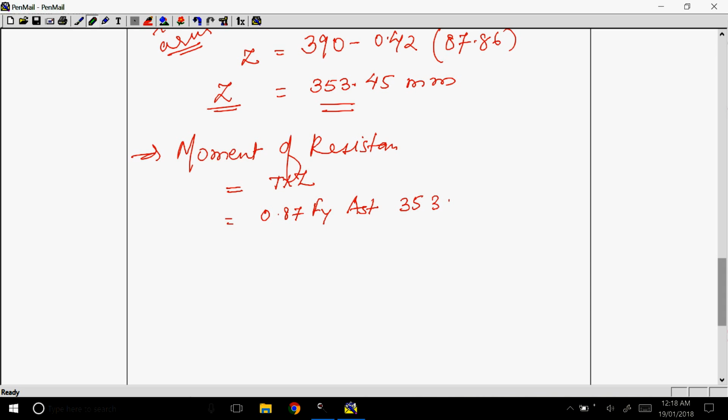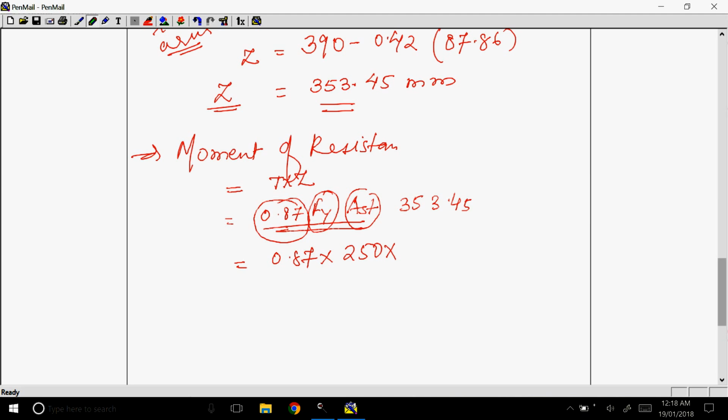So 0.87 into Fy, 250, Ast 804.25, into 353.45, which is equal to 61.83 into 10 raised to 6 Newton mm.